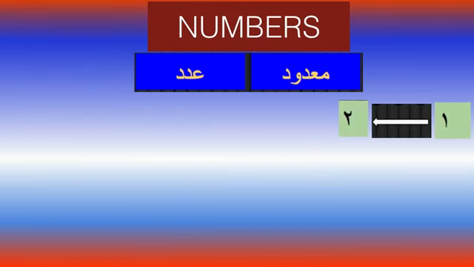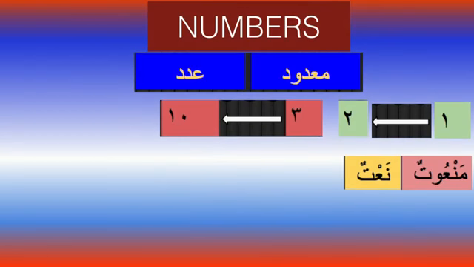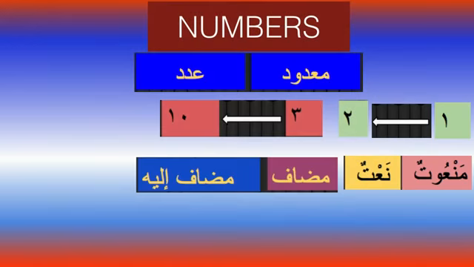So we know now that with 1 and 2, the ma'dud comes as man'ud and the number comes as a na'at. And from 3 to 10, the combination of ma'dud and adad is mudaf, mudaf ilayhi, where the thing which is counted is mudaf and the number comes as a mudaf ilayhi.